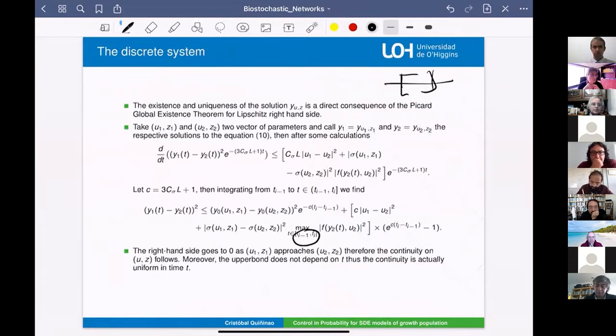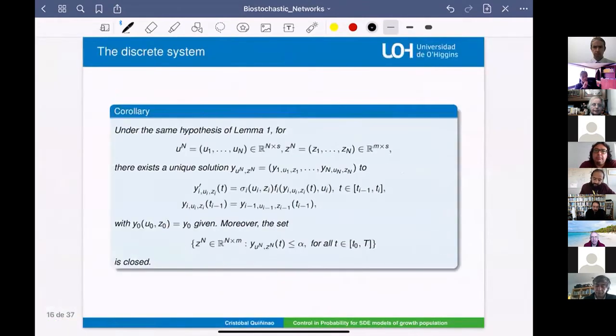So this is going to 0, regardless of the small time step that you are in. You're not time dependent, so all the constants that you find are independent of time. And once you can solve the problem in one small interval, you can do it for all the intervals, and you will find that your full set of solutions is actually closed.